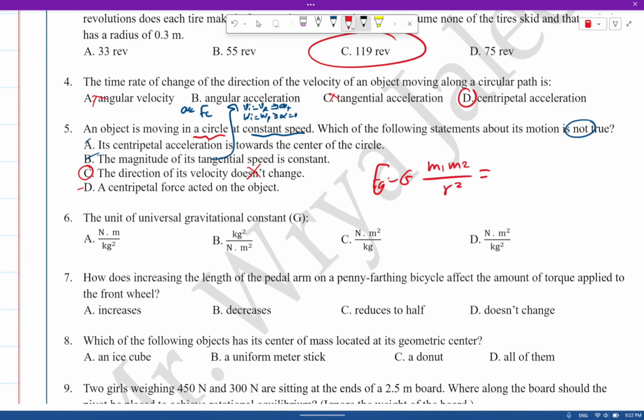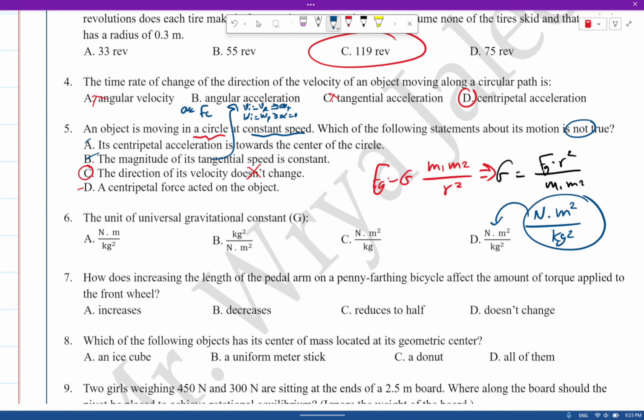Now, all you have to do is make this constant the subject, which is equal to Fg times the distance squared divided by mass 1 times mass 2. Now, what is the unit of each one of these? Of course, the unit of force is Newton. The unit of distance is meter, but since it is squared, meter squared, over mass, which is kilogram, so kilogram times kilogram is kilogram squared. Let's see if we have this one, and that is option D here.